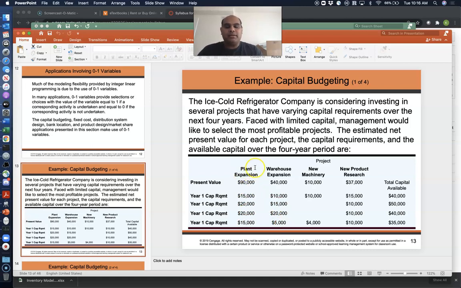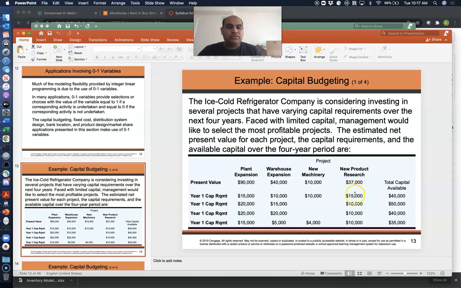If you do plant expansion, the net present value is $90,000. First year it's going to cost you $15,000, second year $20,000, third year another $20,000, and fourth year $15,000. A warehouse expansion, again, $10,000, $15,000, $20,000, and $5,000 over the next 4 years. For new machinery, it's going to cost you $10,000 now, and 4 years into the future, it's going to cost you $4,000, probably for some depreciation, things like that.